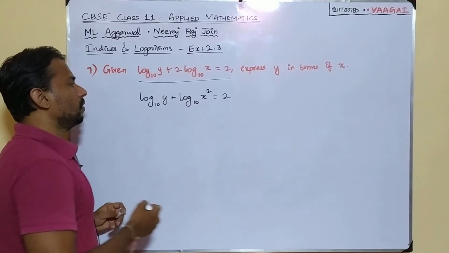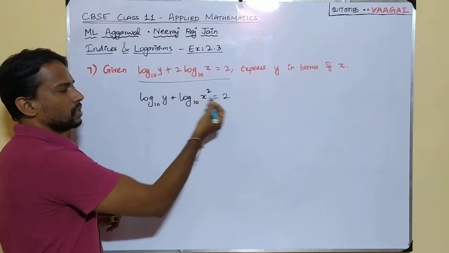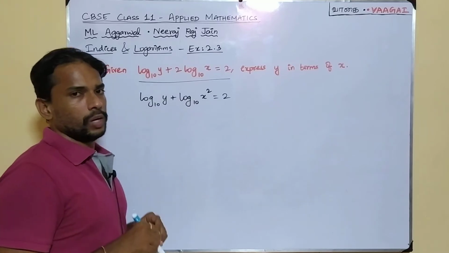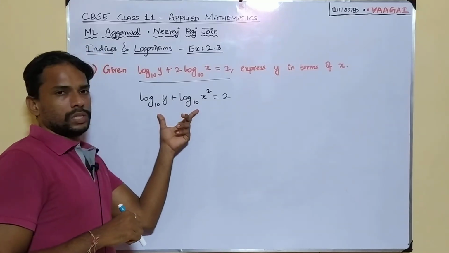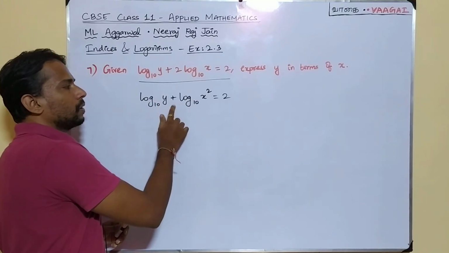Now continue. We will have log y to the base 10 plus log x square to the base 10 is equal to 2. This is what we have, right? Next, we will use the product rule, because we have the form of log a plus log b.